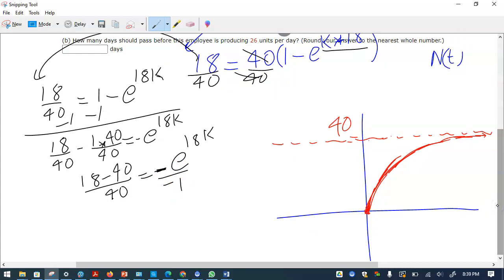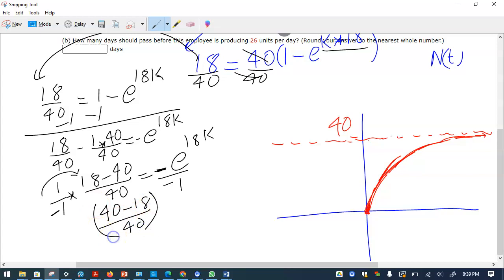So dividing by minus 1, instead of 18 minus 40, I'll write it as 40 minus 18, because of this minus sign, upon 40, and this will be equal to e raised to 18k.